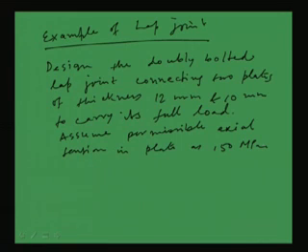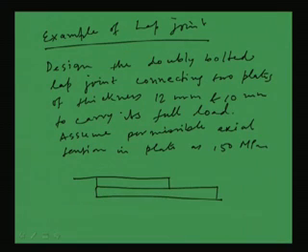So first let us carry out one example of a lap joint. Design the doubly bolted lap joint connecting two plates of thickness 12 mm and 10 mm to carry its full load. Assume permissible axial tension in plate as 150 MPa. So this will basically look like this: this is one plate, this is another plate.